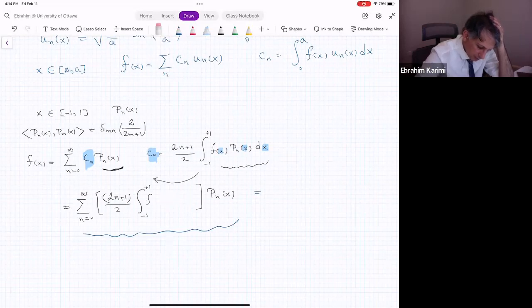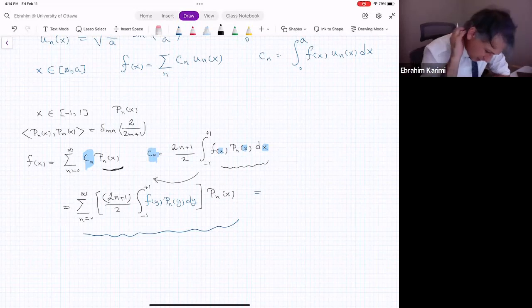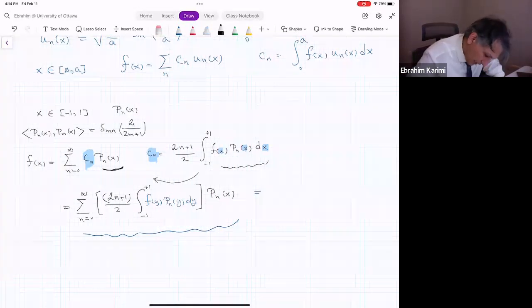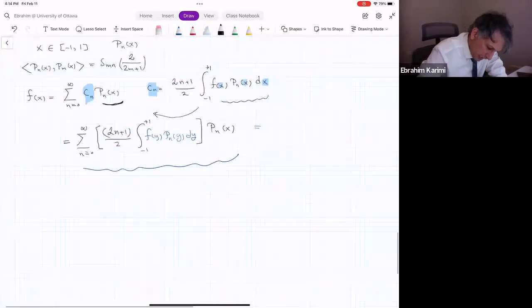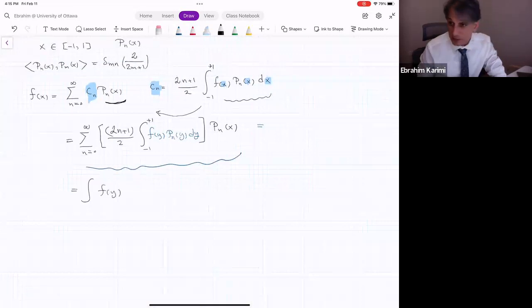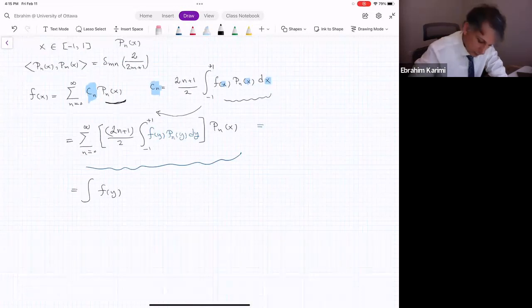Let's erase it and write it in a different form just to make it clear. f(y) Pn(y) dy. Let's change the setting of this a little bit. I will take the integral out. It will be the integral of f(y) dy, because that's independent of the summation, right?